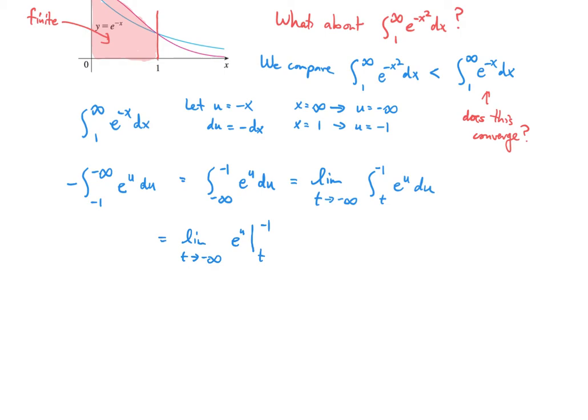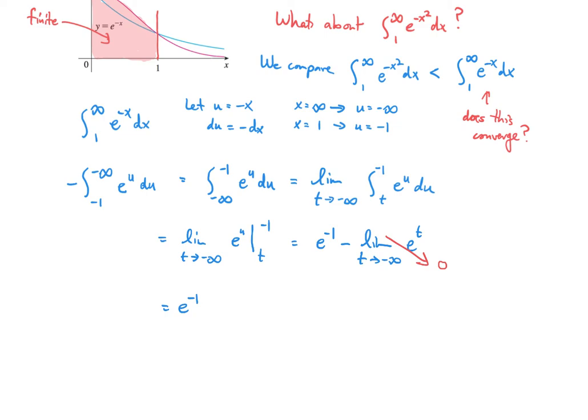So substituting in the negative 1, I'm going to get e to the negative 1. And then we subtract the limit as t goes to negative infinity, e to the t. Now we know that as t goes to negative infinity, e to the negative infinity goes to 0. So in the end, we just simply get e to the negative 1.